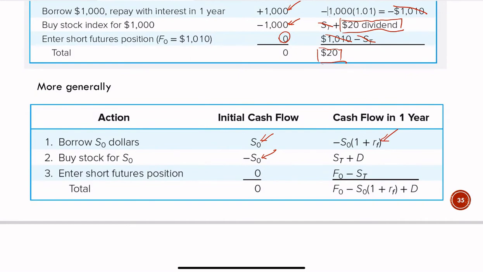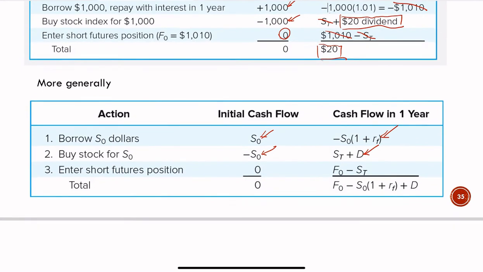Then this equity position will give you a value of ST, which is the equity position's value at the end of the year, and you will also get the dividend of D dollars. Last, you will have the profit from the short futures position, which is the futures price minus ST. So in the end, your profit would be F0 minus S0 times (1 plus RF) plus D, right?